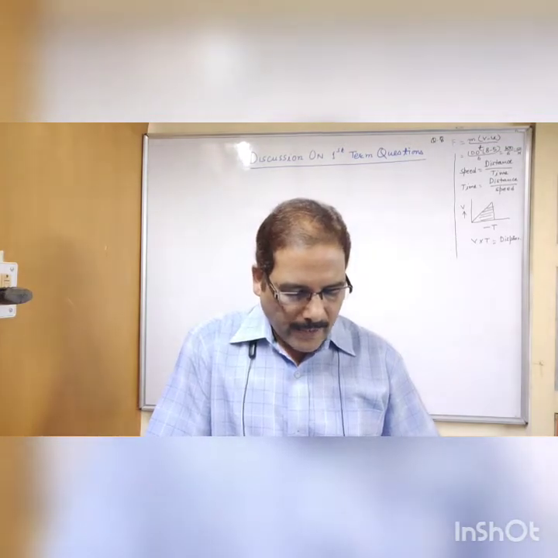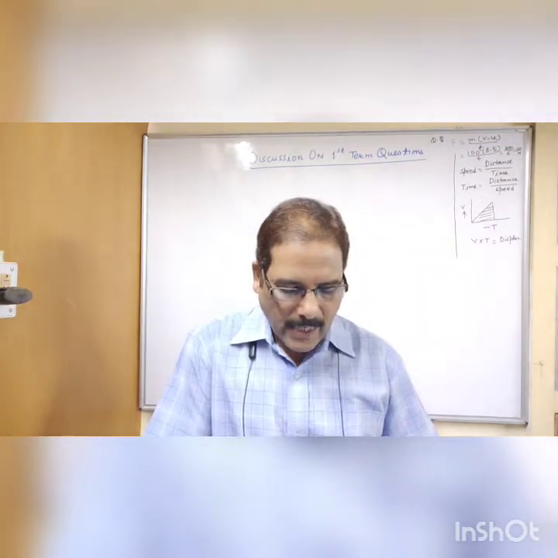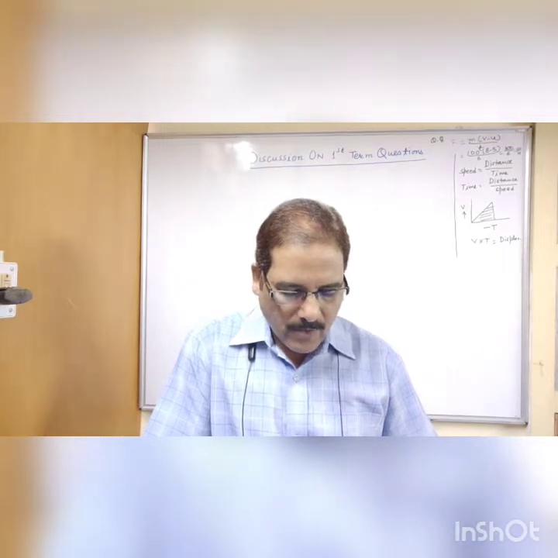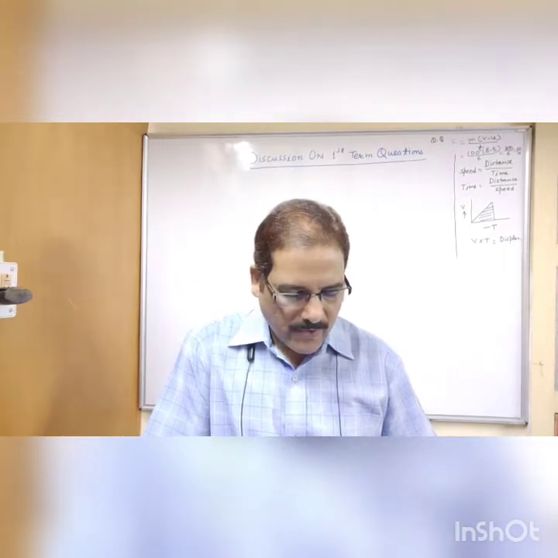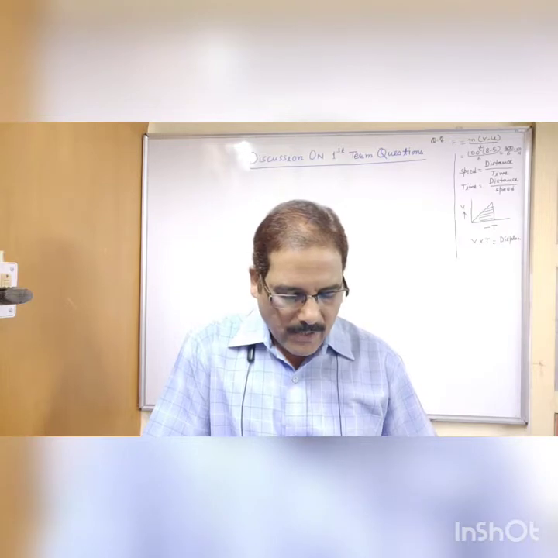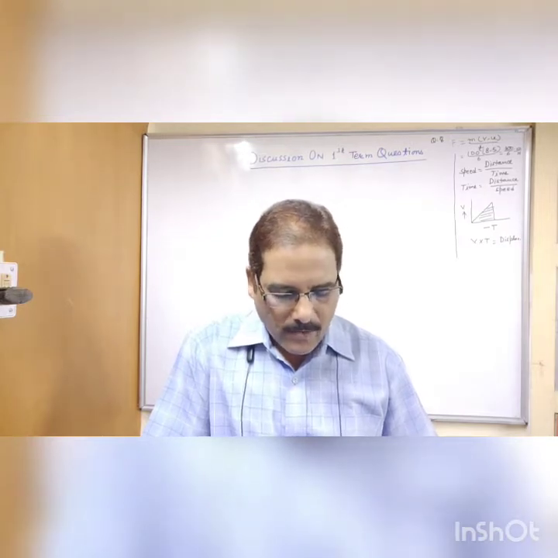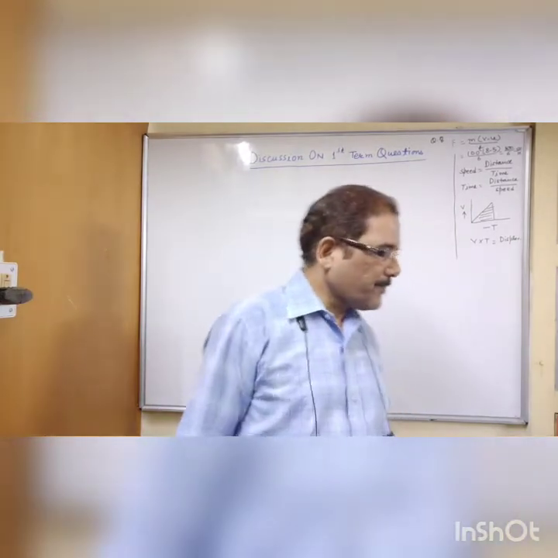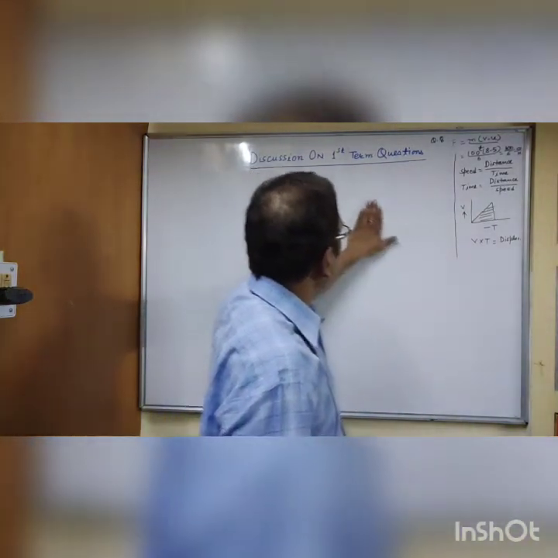Second, consider three quantities: time, velocity and acceleration. The product of the units of two of these quantities gives the unit of the third. Which is the third quantity? It was a very simple question, but so many students are not able to solve it.